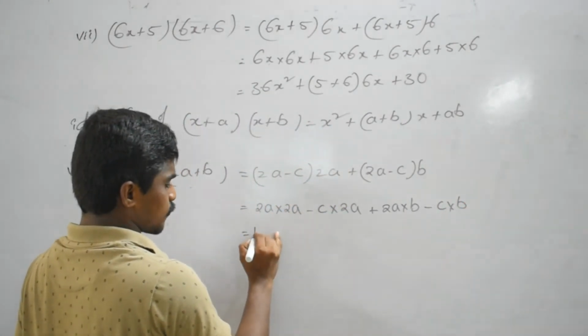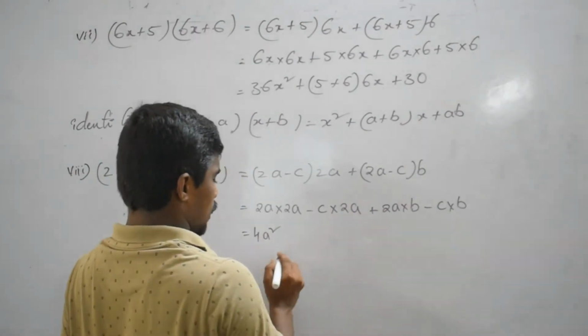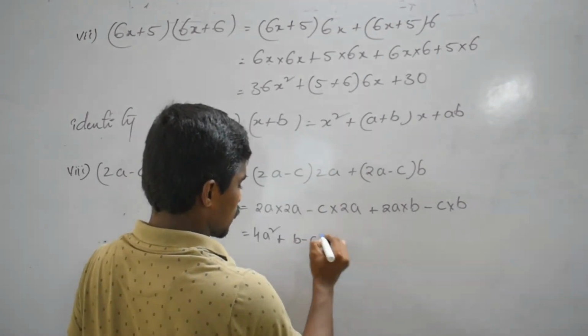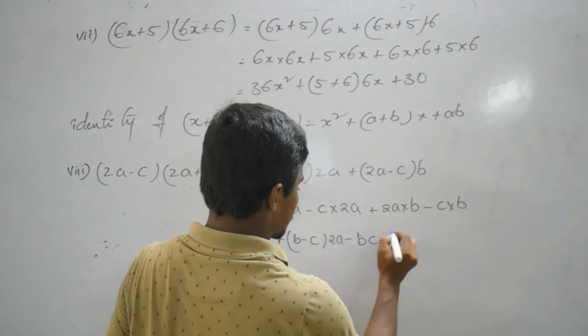Here 2 twos are 4a square, 2a common, plus b minus c, 2a, minus bc.